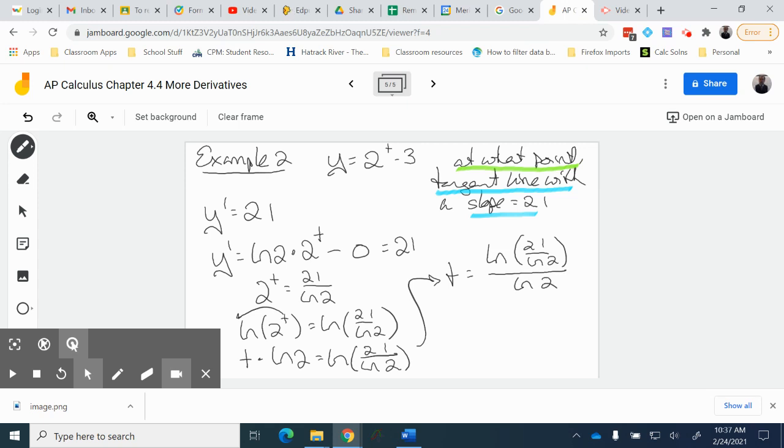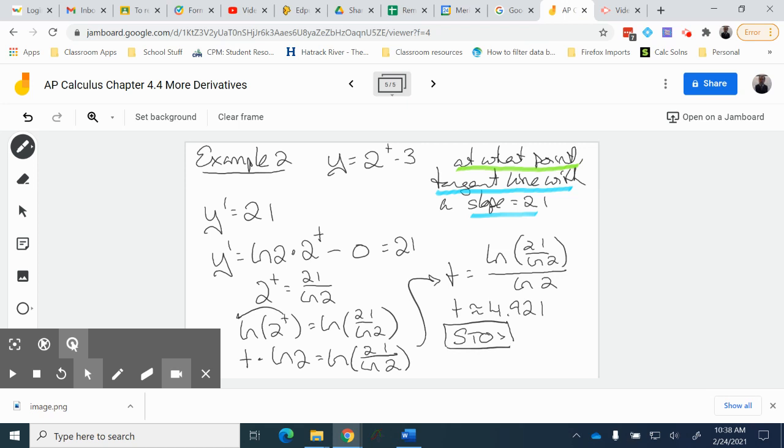Now, you could fiddle with that and do change of bases, but honestly, it's really not worth the effort. Type that into your calculator, and what you get is that t is approximately 4.921. This might be a good place to talk about the STO function on your calculator. If you have a TI graphing calculator, it's got a button that says STO.